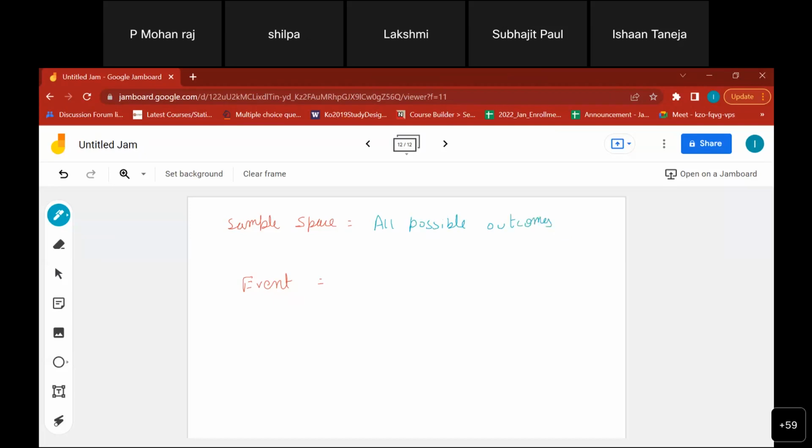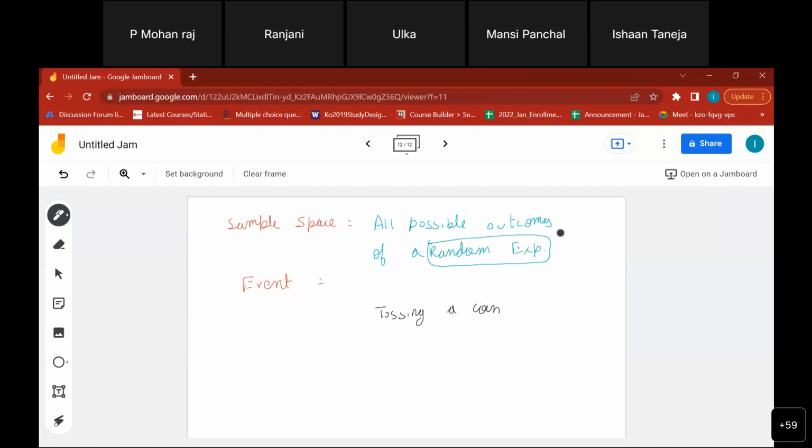Do you know what is a random experiment and which experiments are not random? What is a random experiment? Okay. Suppose I'm tossing a coin. Is it a random experiment? Yes. Because it will be a head or a tail, and we cannot predict it. You cannot say that we have tossed it for the first time, so it will be a head.